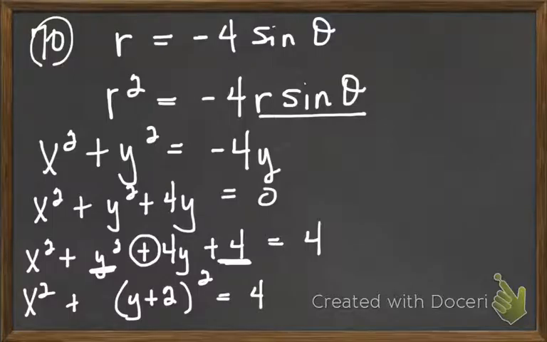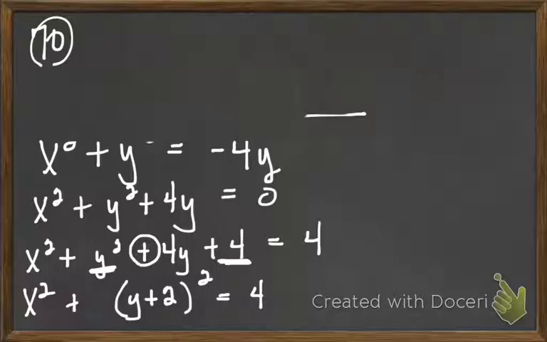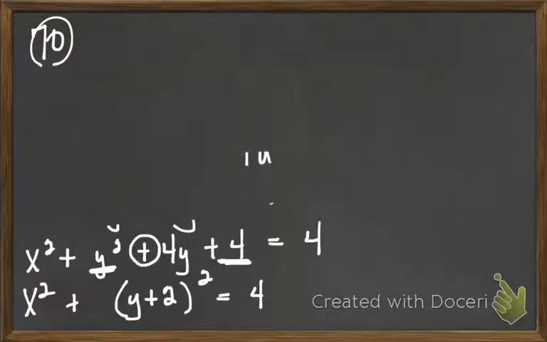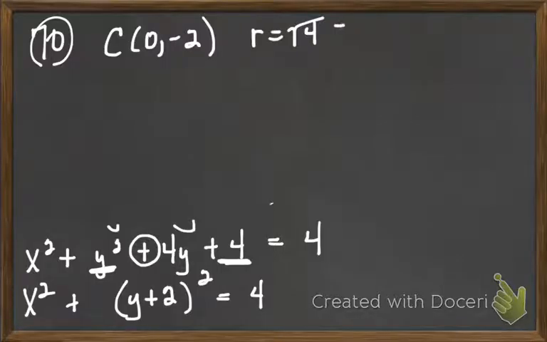So now my equation is in standard form. My center is going to be 0, -2. My radius is not going to be 4, but the square root of 4. So my radius is going to be 2.